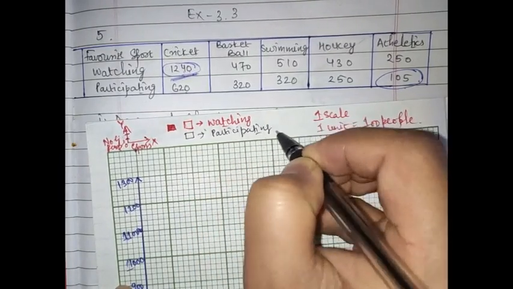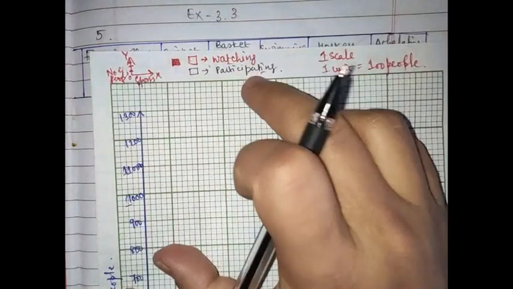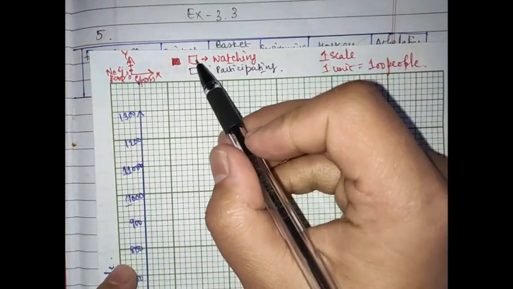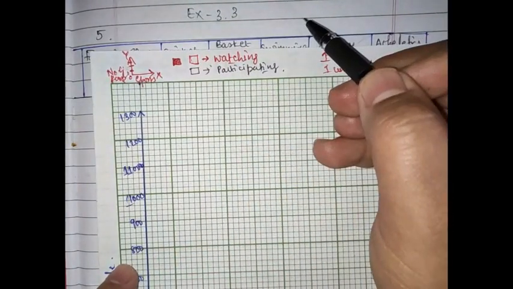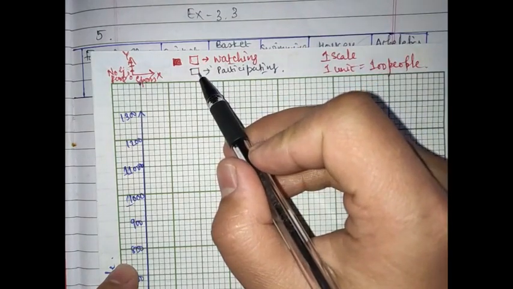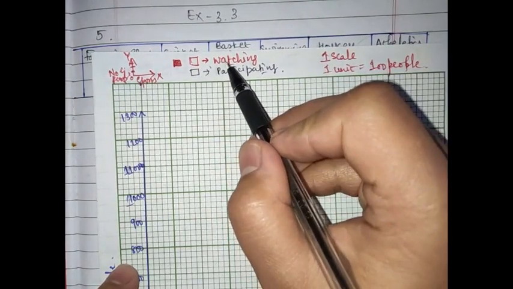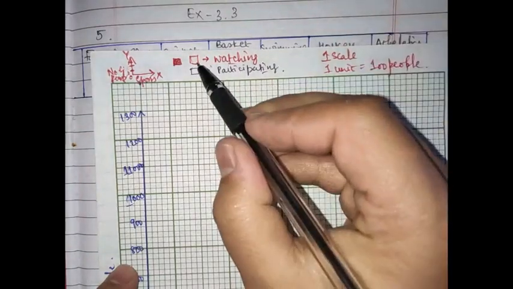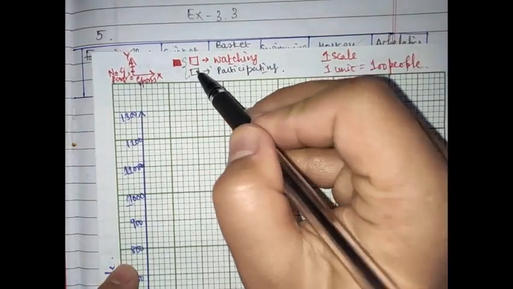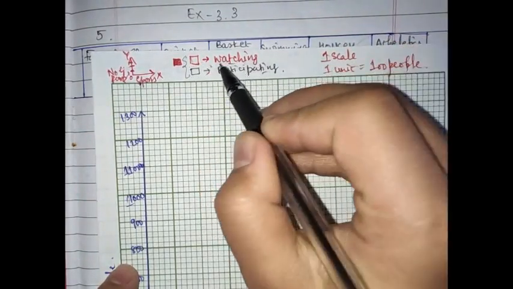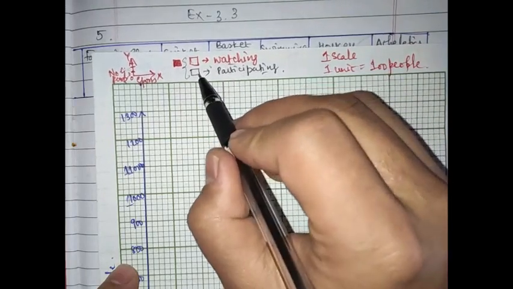These two things are very important. You cannot make watching with black, and if you use black for watching, then that will be incorrect. This is the actual indication that red is representing watching and black is representing the one who is participating.